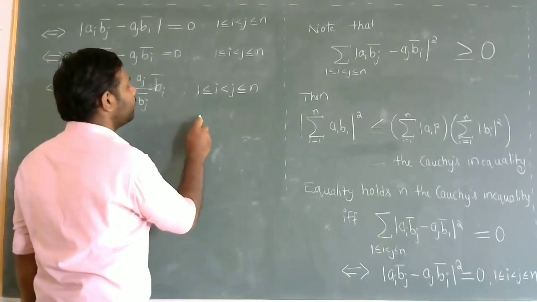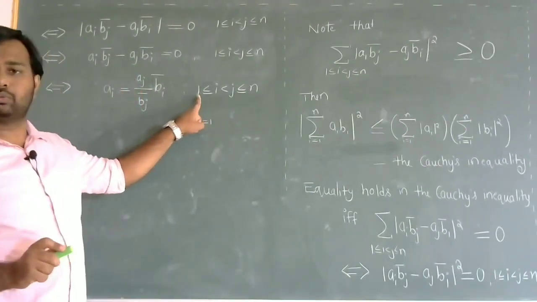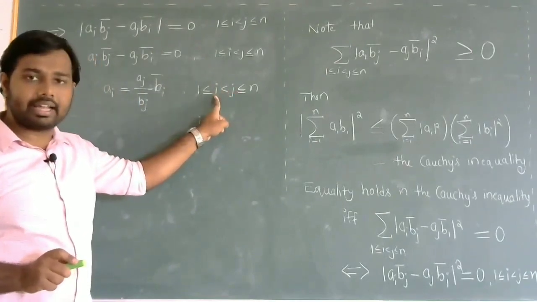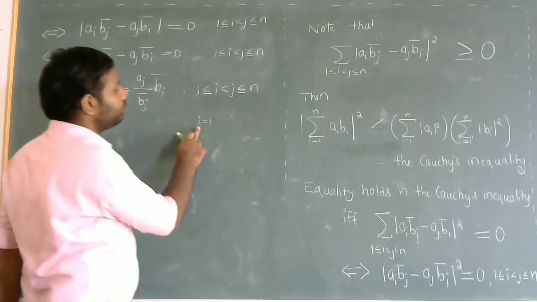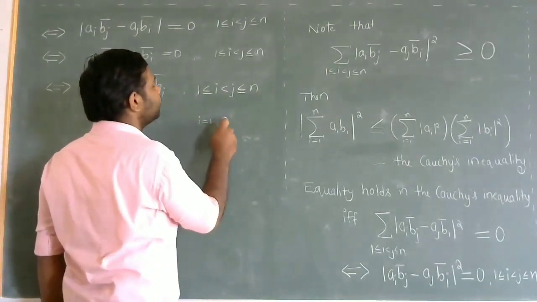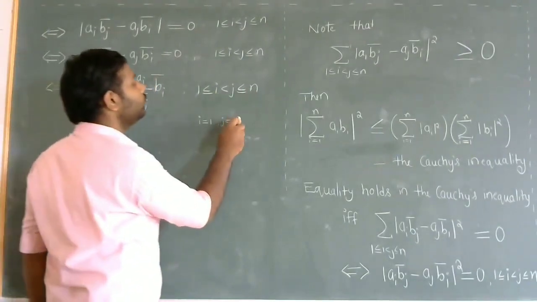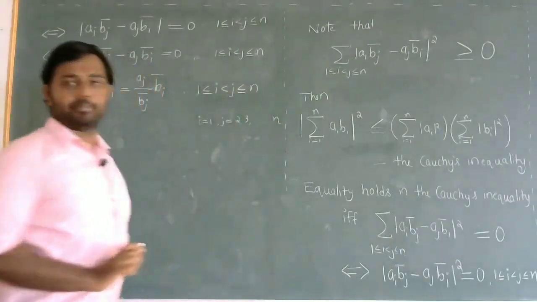If I fix i equal to 1, so the minimum value of i is 1 and j takes all possible values greater than i and less than or equal to n. So if i is equal to 1, j should be greater than 1, right? So 2, 3, and the maximum value is n.